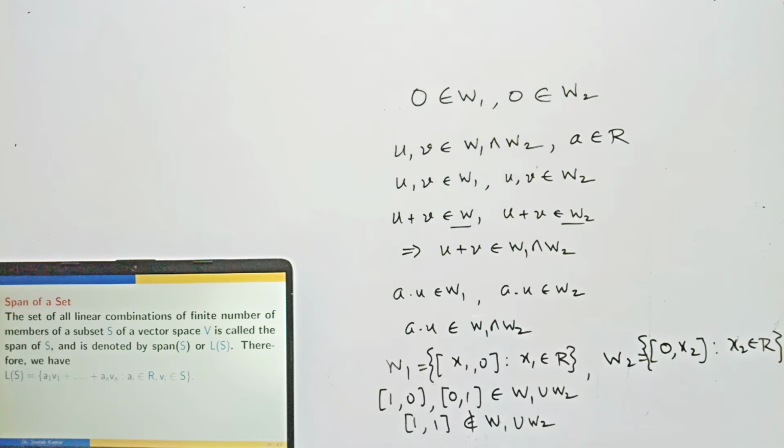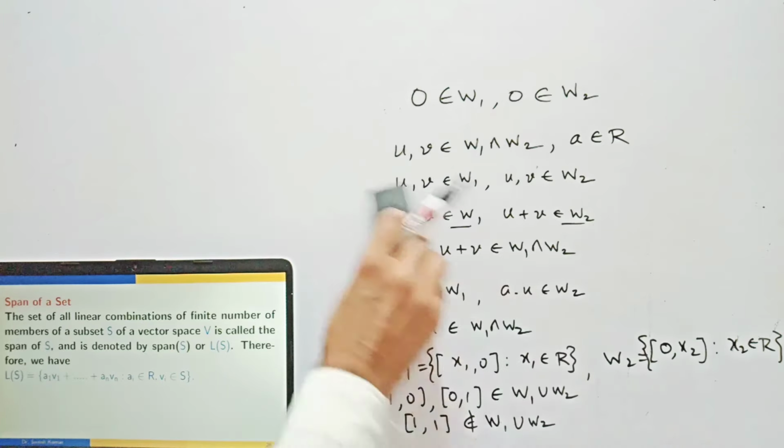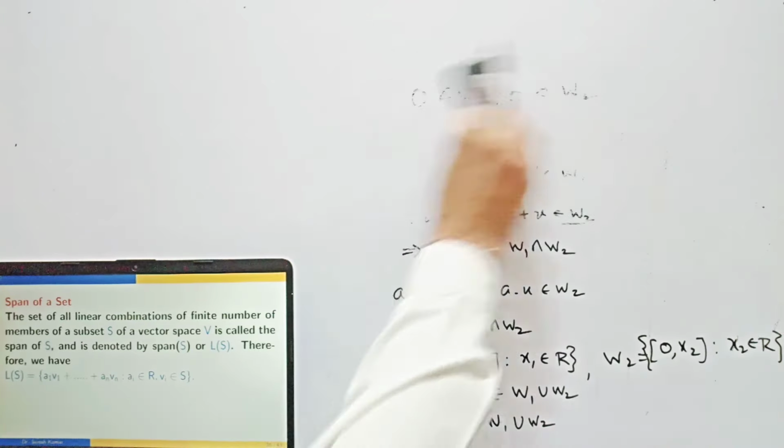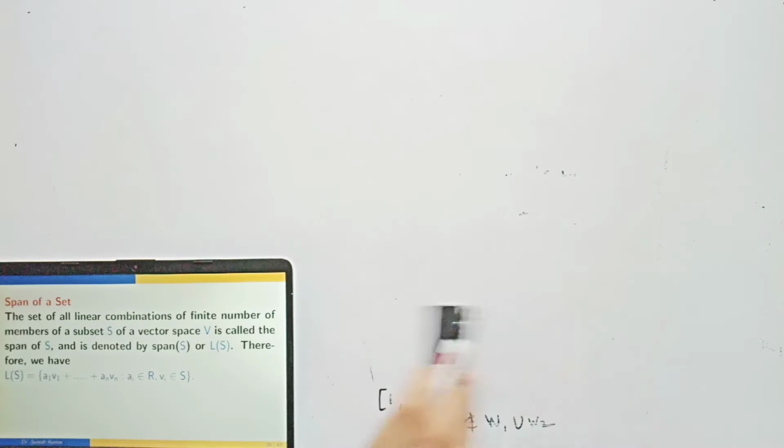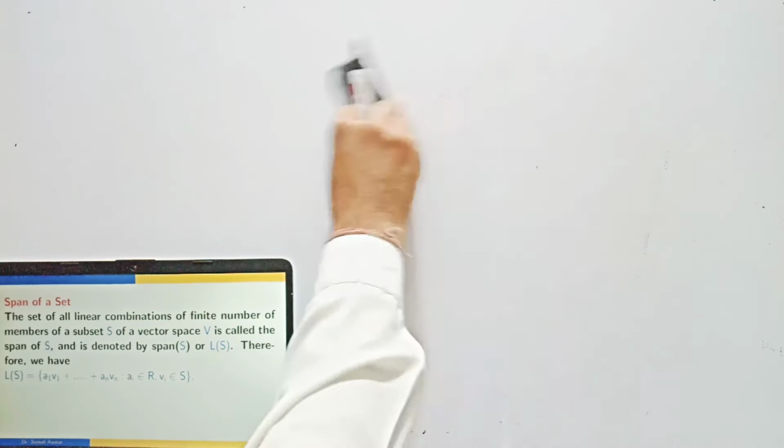LS means linear span of S. So it is a linear combination of a finite number of members of S. Here a1, a2, ..., an belong to real numbers and v1 to vn are members of S. So if you construct all finite linear combinations of the members of a given set S, then the collection of such linear combinations gives the linear span of S.